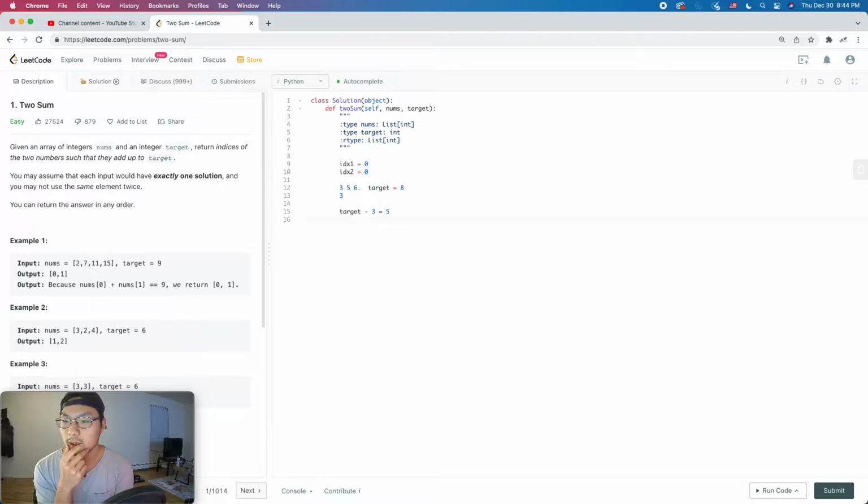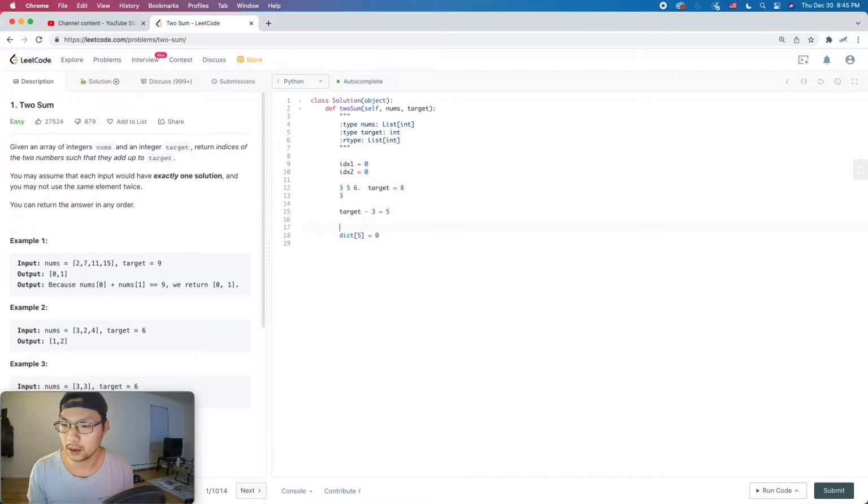So let's say we go to the first one, it's 3, target minus 3 equals 5. So that's what we're looking for now. So maybe we could have a dictionary that has 5 set to the index of that, right? So the index of where we found that first element. So this would be 0 then, right?